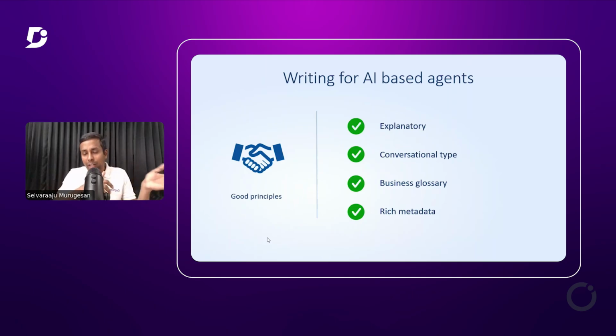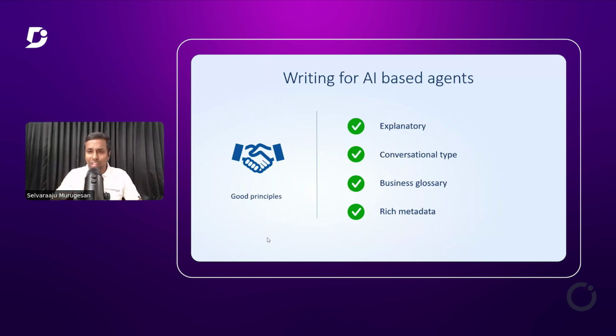Of course, it's also important in writing for humans. But for a chatbot, you have to be extremely careful because it works on semantic matching. So it can sometimes get confused if two words are semantically matching but have different business definitions altogether. You have to be very careful. That's why you have to use business glossaries or terminologies consistently across your documentation.